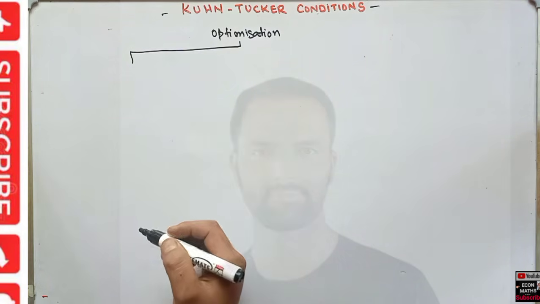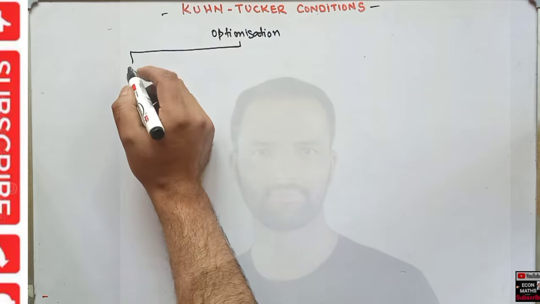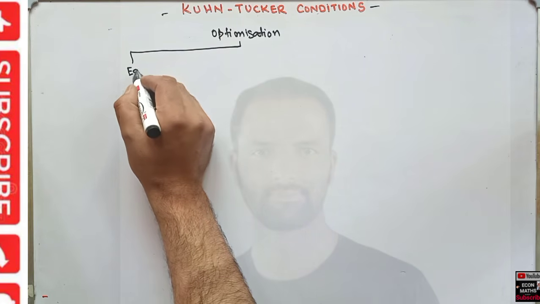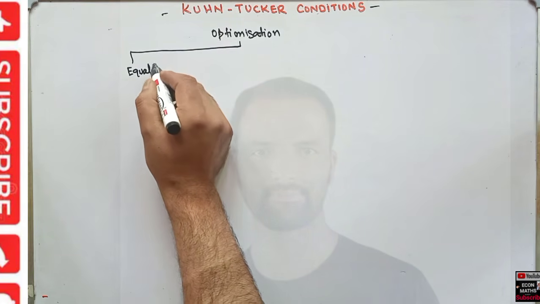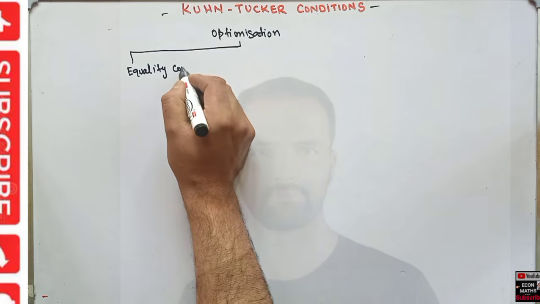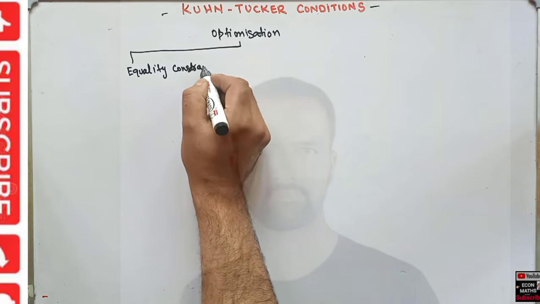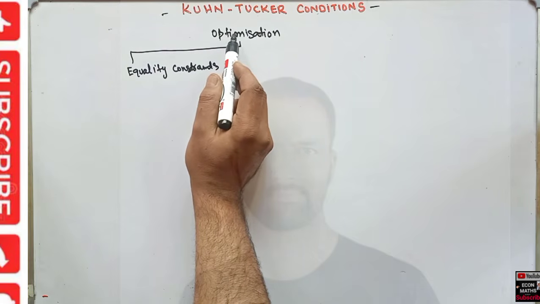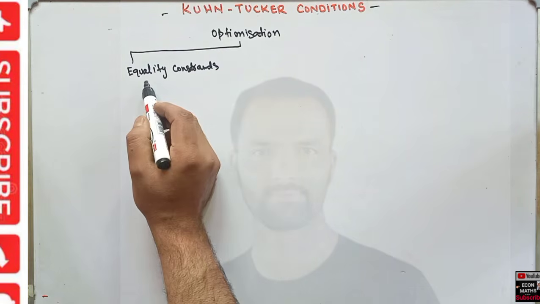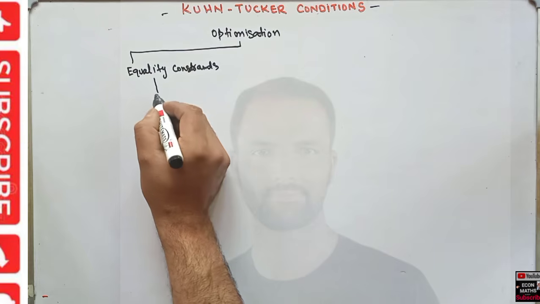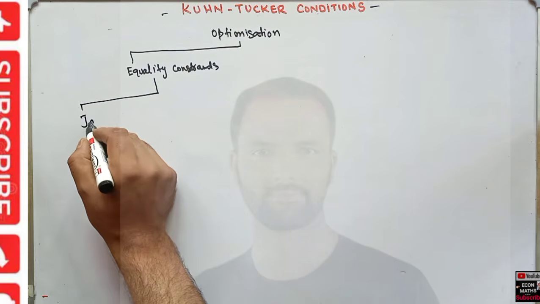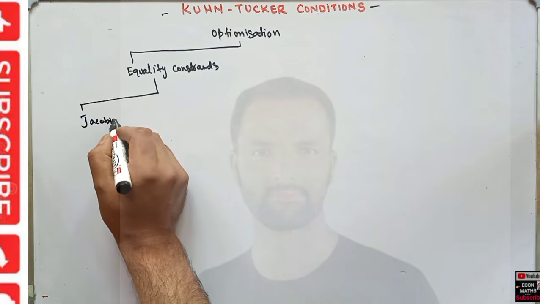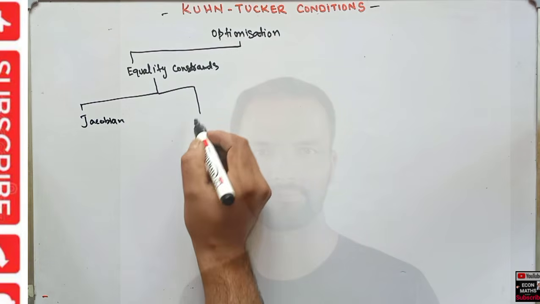And if we have an optimization problem and we have equality constraints, that means if we want to optimize a function and we have equality constraints, we can use either the Jacobian method or Lagrange's method.